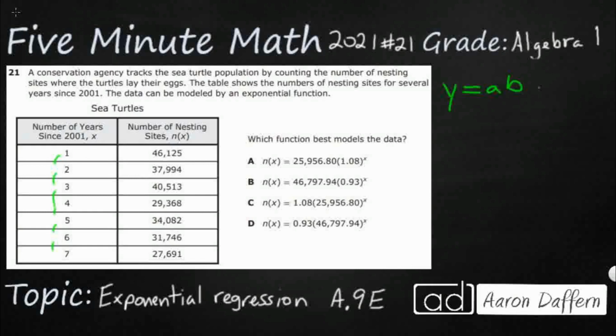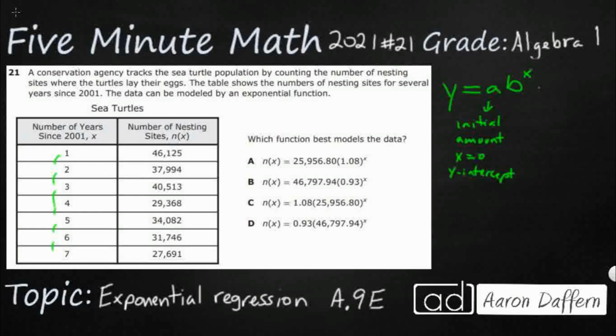y equals a times b to the x. This a term is your initial or starting amount. It is what you get when x equals 0, because it is the y-intercept. How do we know this?